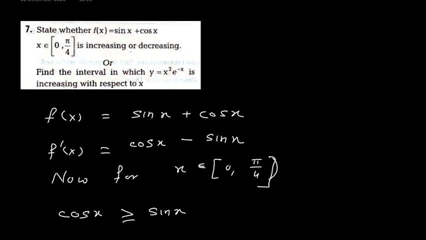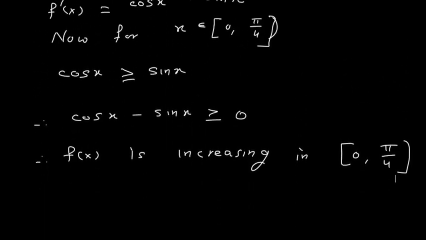The second question is: find the interval in which y equals x square e power minus x is increasing with respect to x. So y equals x square e power minus x. Now to check in which interval it is increasing or decreasing, first I will differentiate. So I will get dy upon dx.